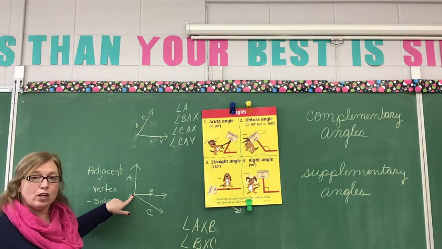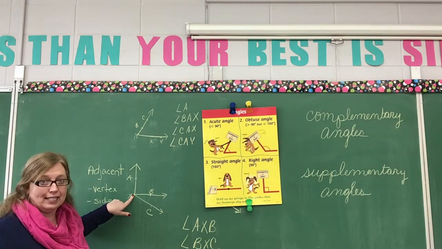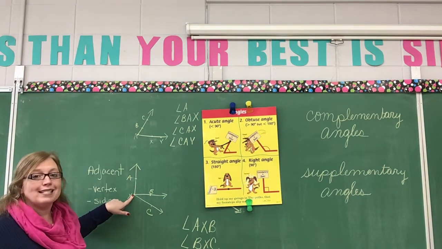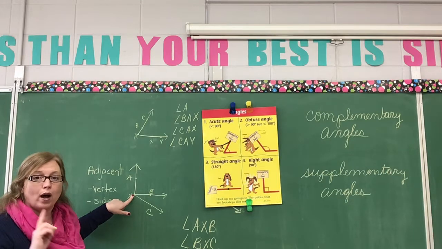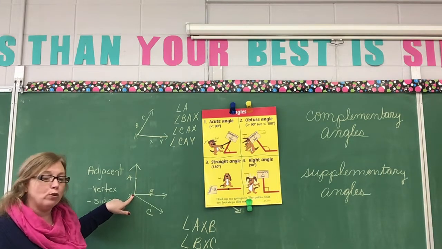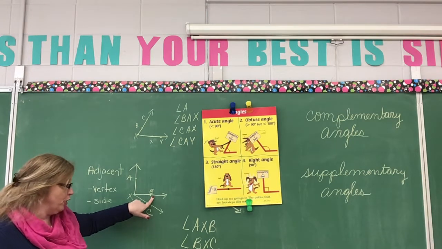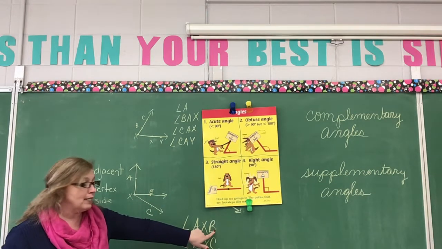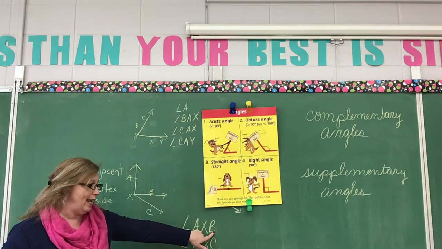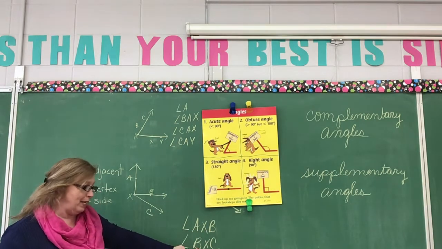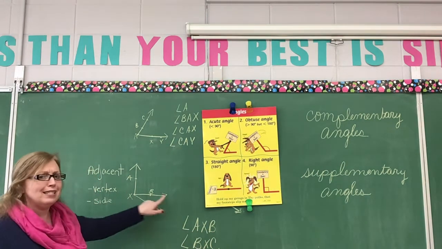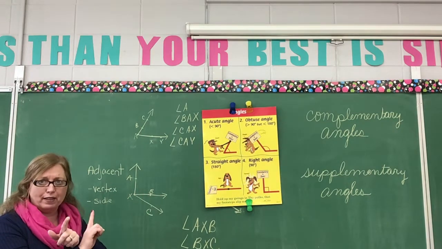Now, the second question to decide if it's adjacent. Do they share a side? In other words, is one ray shared by both angles? Well, do they both use XB? They do. You can see here I have XB in angle AXB, and I have BX, which is the same ray, just by inverting the names.